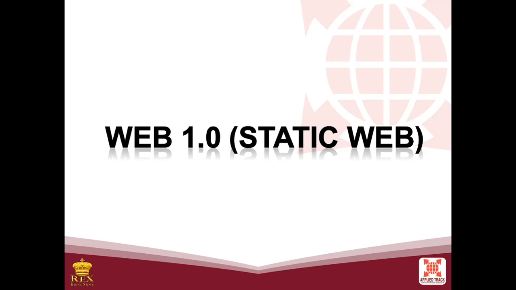Based on the term static, we will be able to identify that it is fixed, stationary, meaning the information is never edited by the user, and it is there only for us to read. So it's a read-only website. There is no much interaction from the user. So that is what we call Web 1.0.